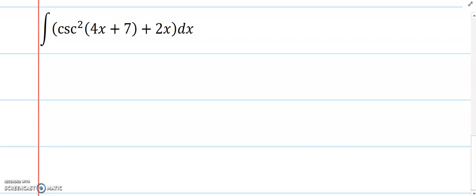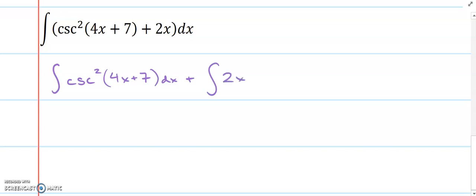There's no difference between the question that is given to you with the cosecant squared of 4x plus 7 with the dx here compared to what you get if you separate them. The main reason why I like to separate them is because it allows you to see that U substitution a little bit more clearly. This U substitution, this particular time is one where we actually have to manufacture that du to fit better than what we're given.